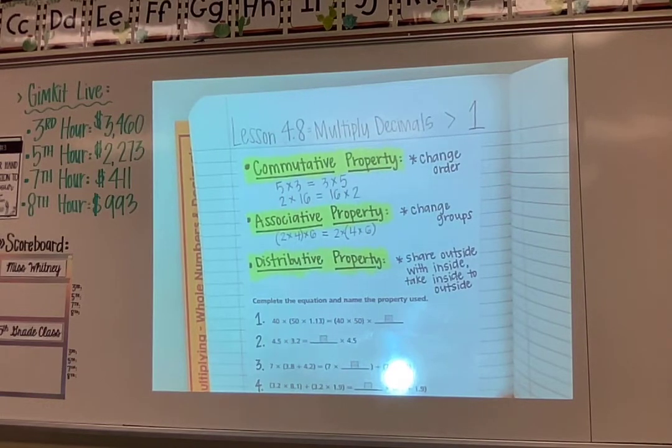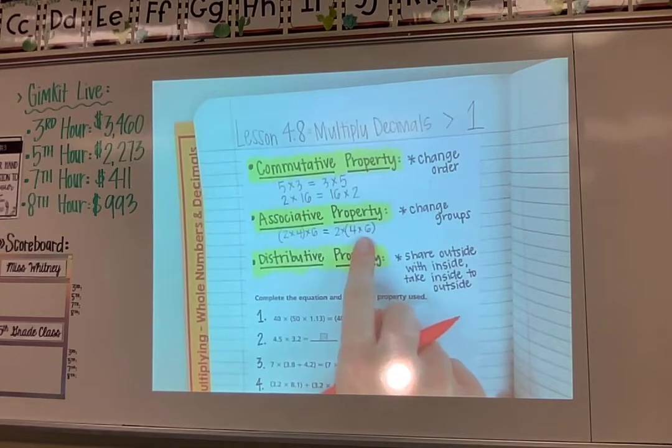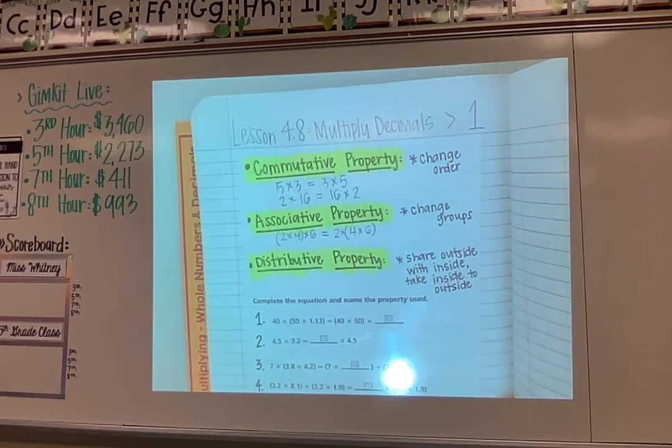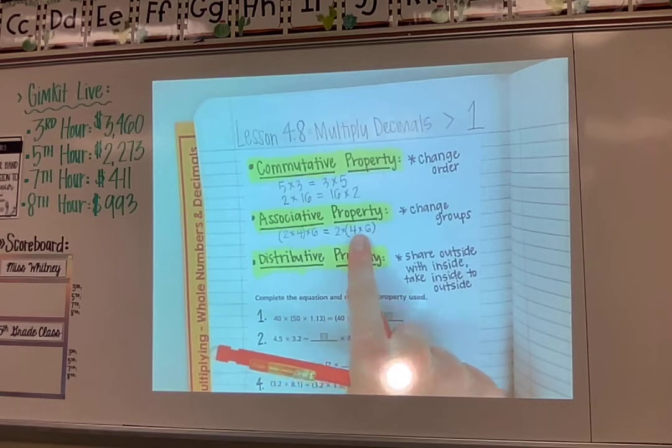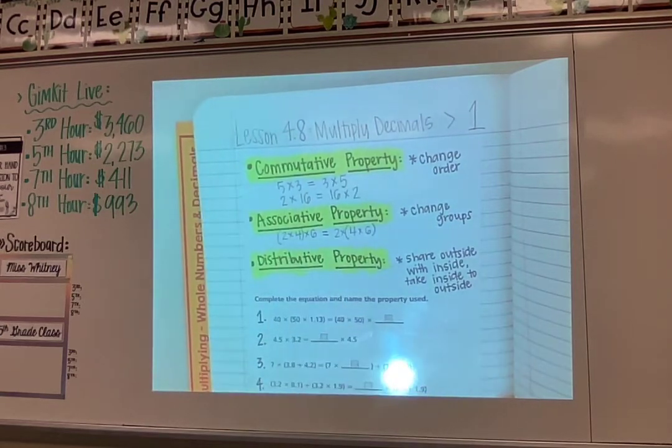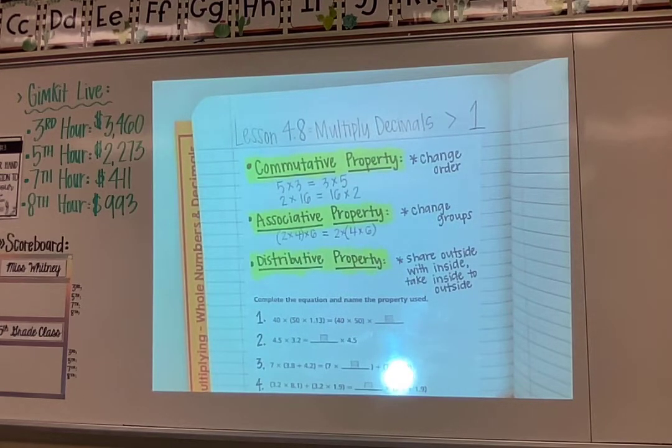So all I've done is change the group of my parentheses because it might make it easier if I do it like this than if I do it like this. Or some of you might prefer to do it like this than like this. It just means that I can change where those parentheses are at.